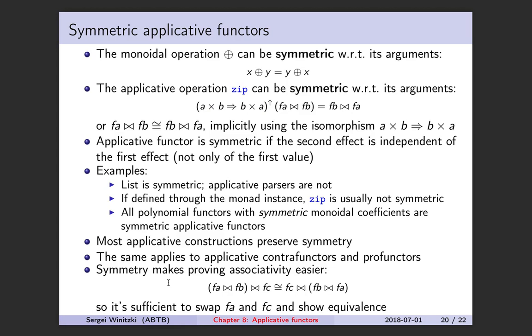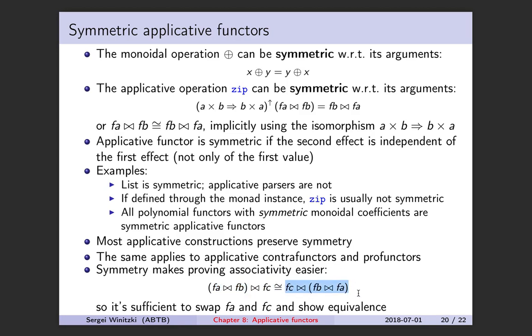Commutativity, or symmetry, makes it easier to prove associativity for applicative functors. I have not used this in my proofs, mostly because I have specific constructions. I didn't want to assume symmetry. But if you had a commutative applicative functor, you could just rearrange this into this by permuting A and B and permuting this with this.